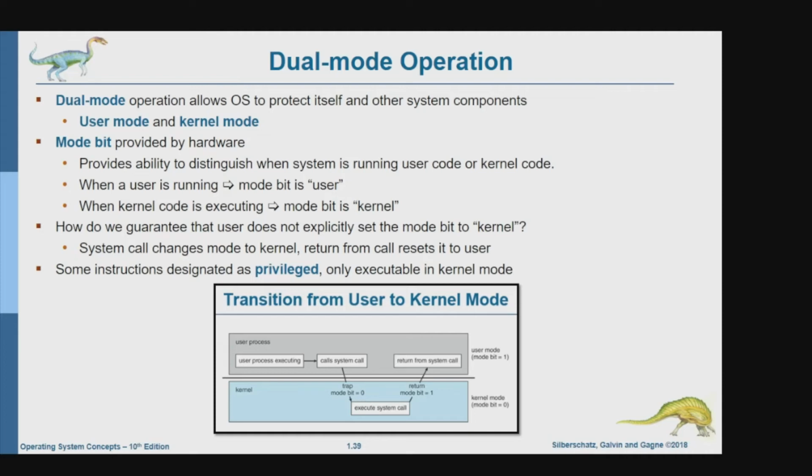A system call changes the mode to kernel and the return from the call resets it to user. This is the process to guarantee that there is no setting of the mode to kernel by the user. And some instructions are designated as privileged and are only executable in kernel mode.